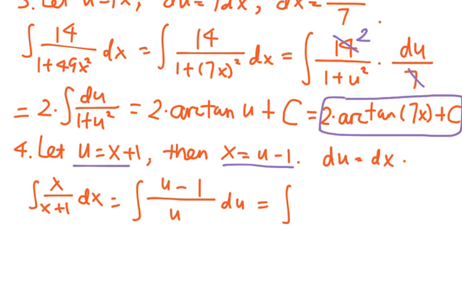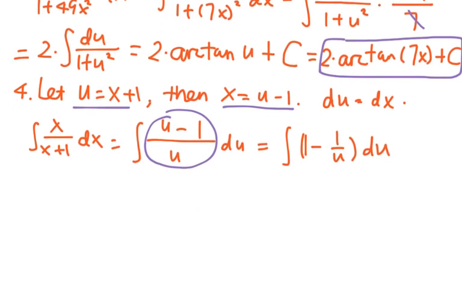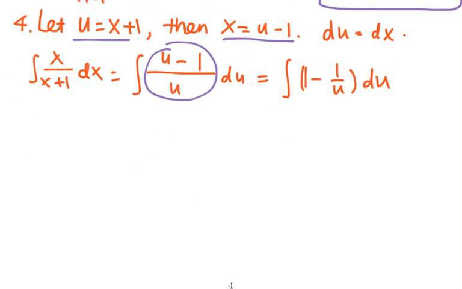By using algebra, we can rewrite this fraction in the middle as 1 minus 1 over u du.